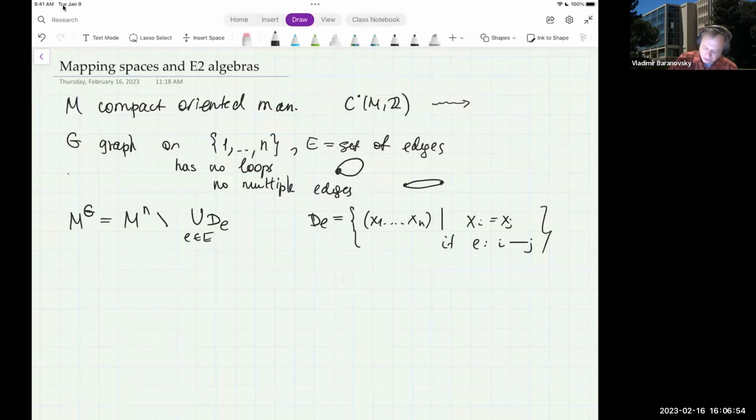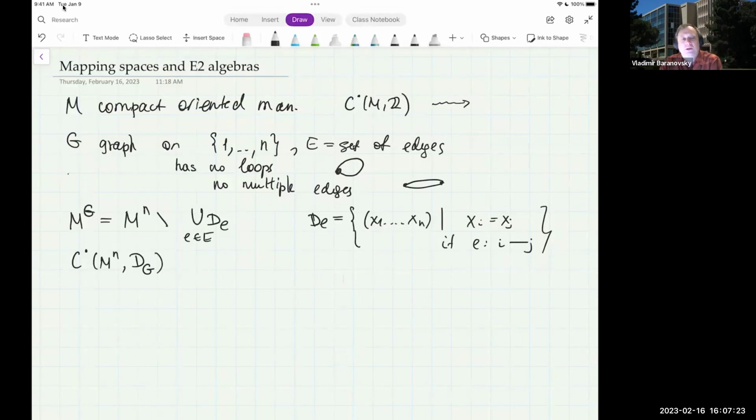One possible topological task would be to try to compute the relative cohomology, maybe not at first, of this n-fold Cartesian product relative to the union of all of these double diagonals, which I will just call dg. I understand it as a boundary that gets removed.